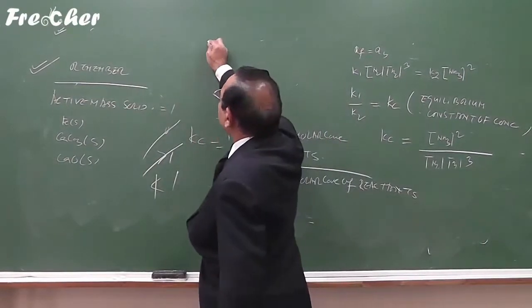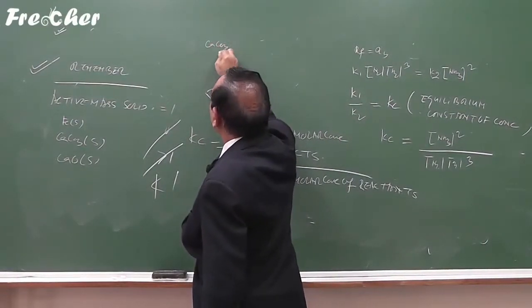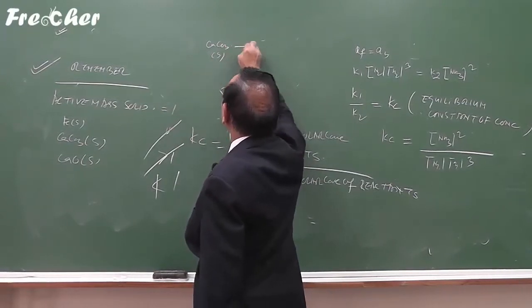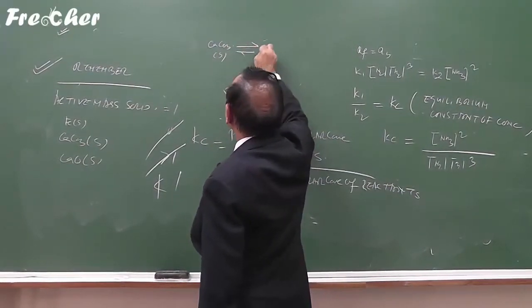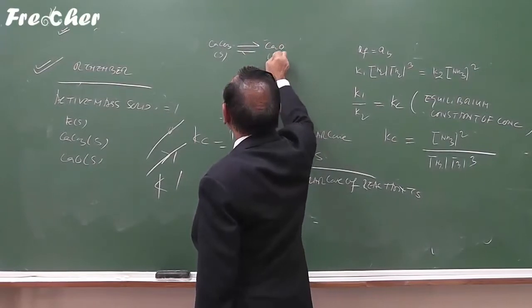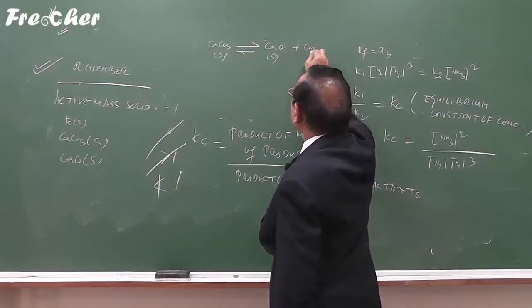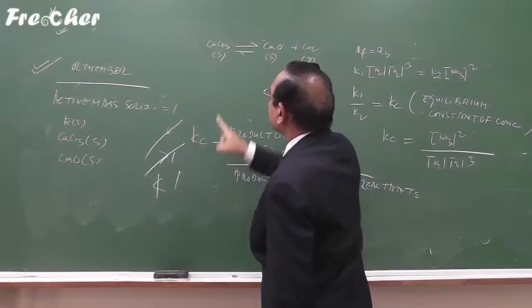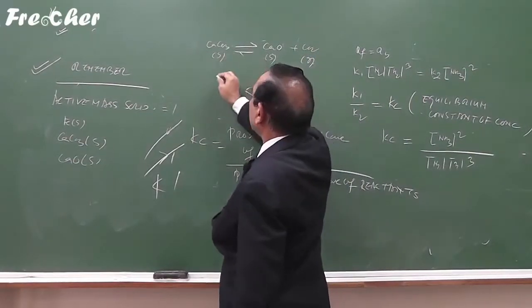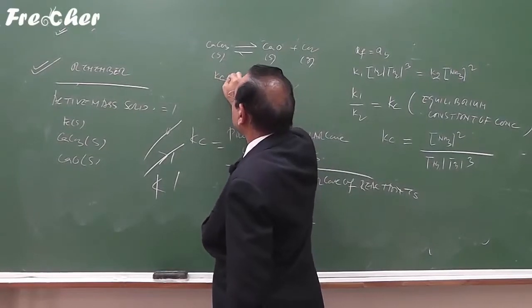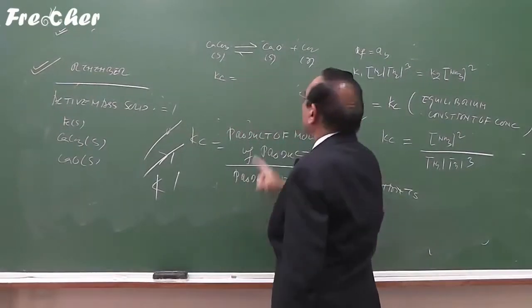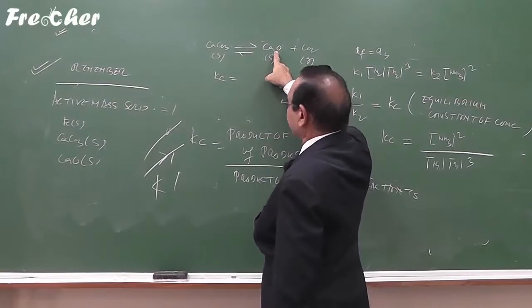I write a reaction. Calcium carbonate solid, reversibly, calcium oxide solid, plus CO2 gas. Now you can see this is solid, this is solid. I am writing Kc of this reaction. So now this is not to be written.